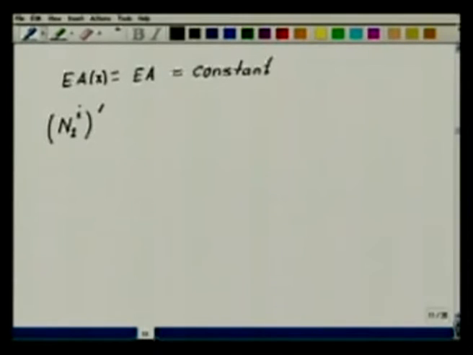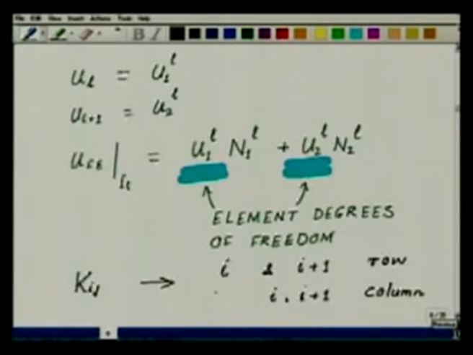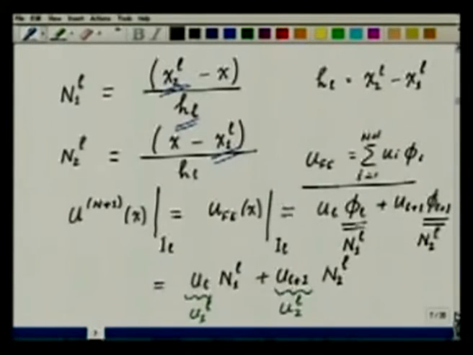So for the element, the derivative of n1I will be equal to what, from the definition of n1I? Let us go back to the previous pages and see the definition of this function n1. You see that if I take the derivative of this expression n1, then it becomes minus 1 by HL. The derivative of n2 becomes plus 1 by HL.